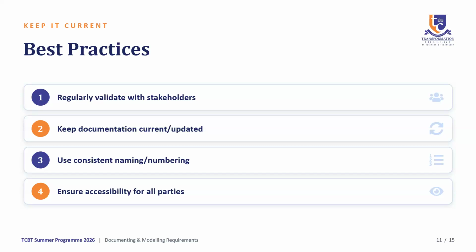So, back to the best practices. I said in addition to this, write requirements and not the solution. Then another one would be, make every requirement testable. I think I spoke to this when we looked at functional requirements.